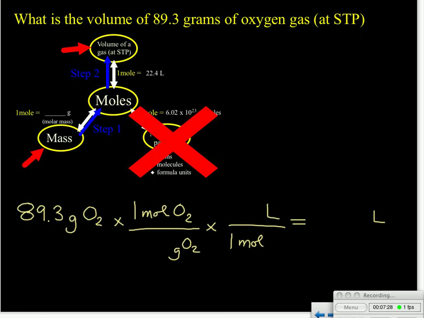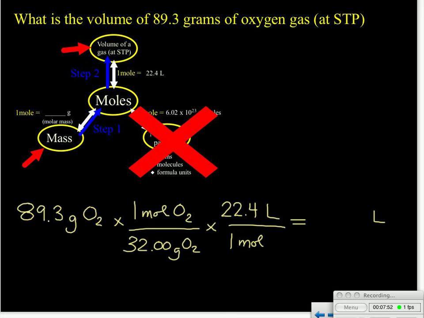So when we calculate the molar mass, we take the atomic mass of oxygen, which is 16, and multiply it by 2, and we find that it's 32 grams of oxygen per mole of oxygen. The second conversion factor here is, since this gas is at STP, we know we can put 22.4 liters in for this portion of the calculation.